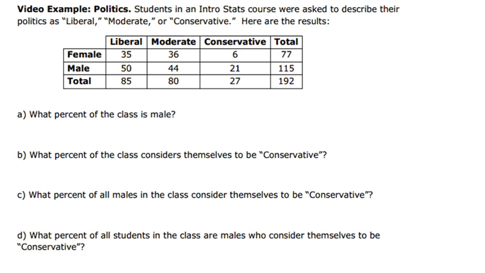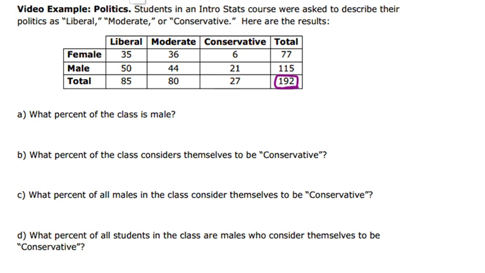Now the first question asks what percent of the class is male. The first thing we need to know, obviously for percentages, is what the total is. If we look, our grand total of students is 192.